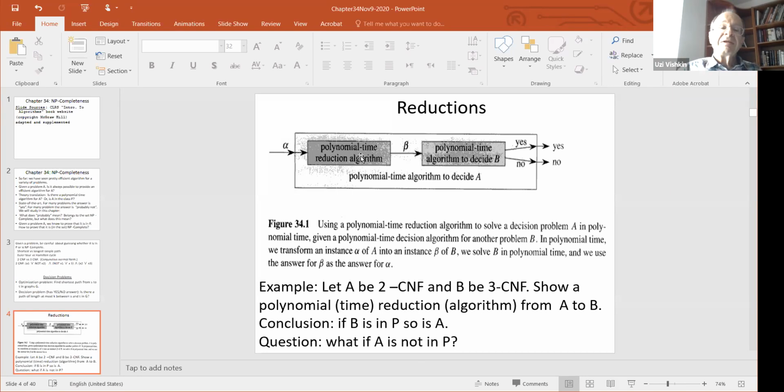But having problem A difficult implies that problem B is difficult. You see what I'm saying? So the ease flows from B to A. The difficulty flows from A to B. Confusing, right?